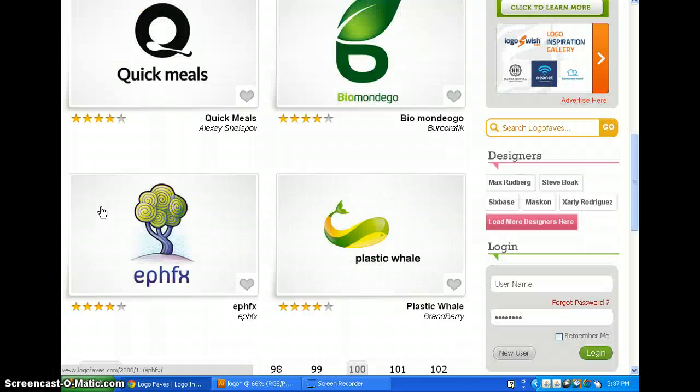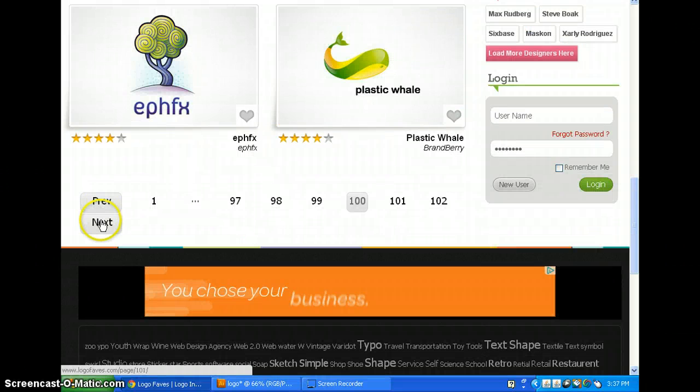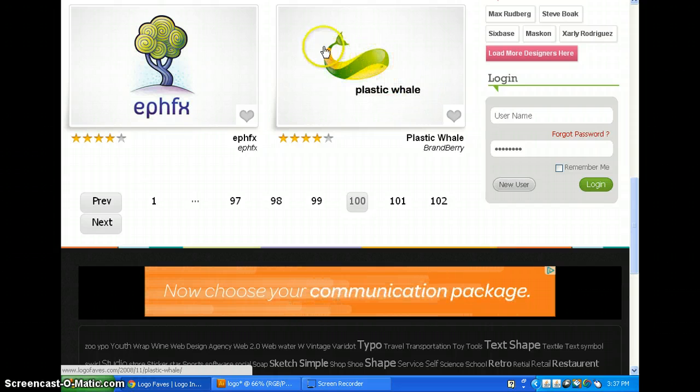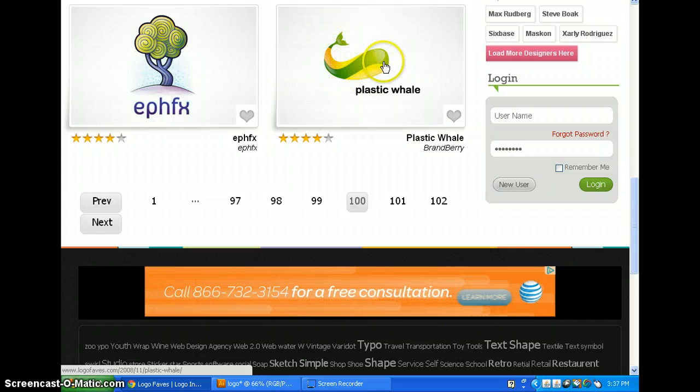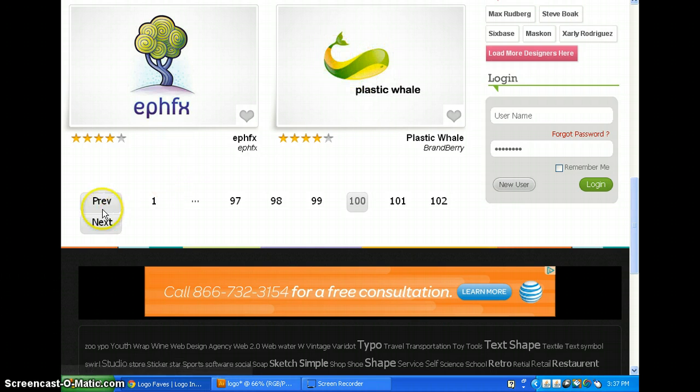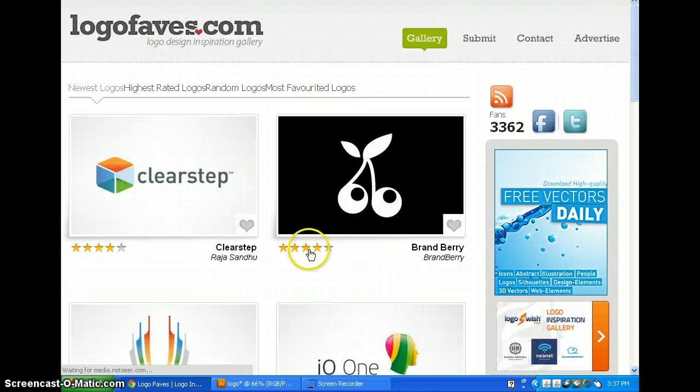I like this one, the plastic one. You can already see that this is well designed, but it's not a real one, especially with the colors. I don't think you can see a world with green and yellow whales in the ocean.